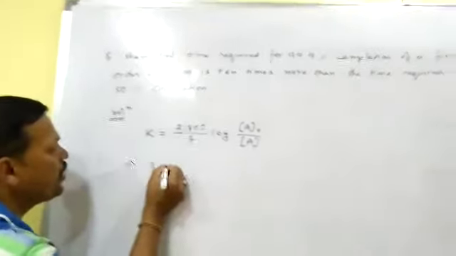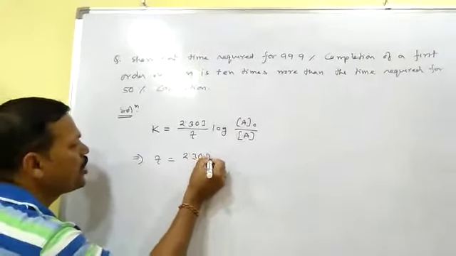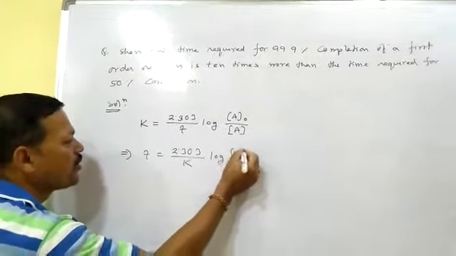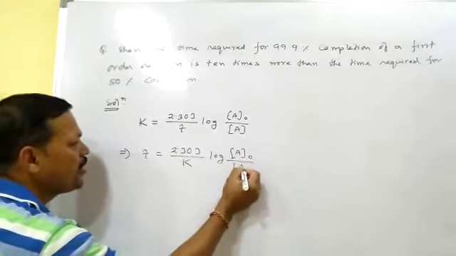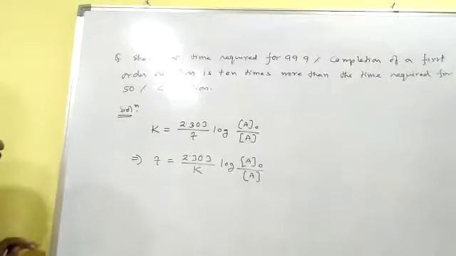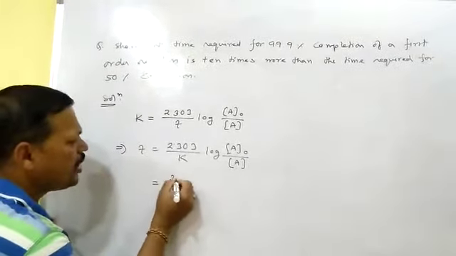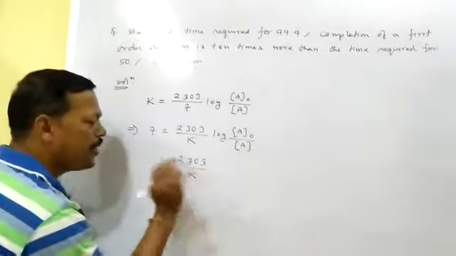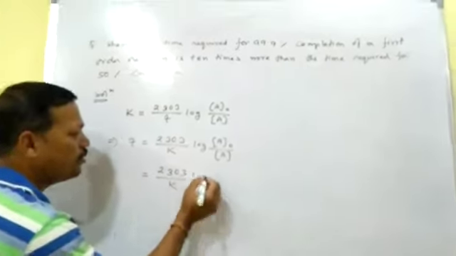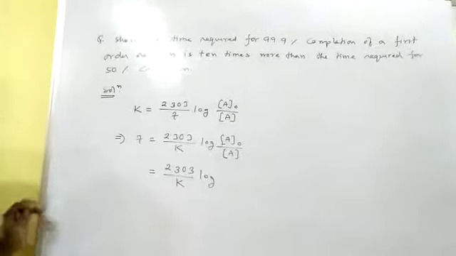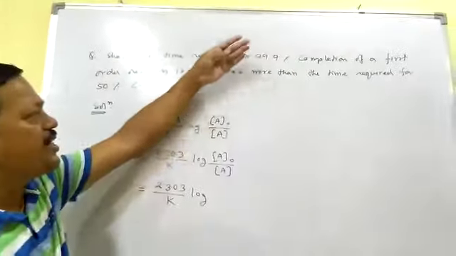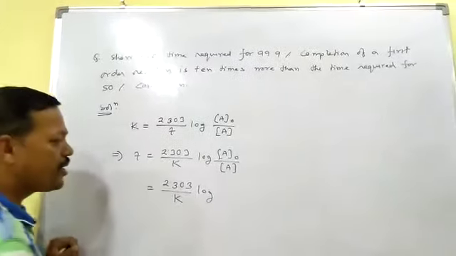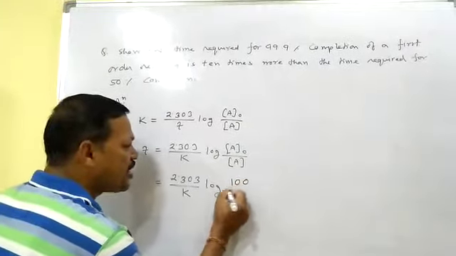Time is equal to 2.303 divided by k, log of initial concentration by present concentration of the reactant. We don't know the k value, so k will remain k. Since it is given in percentage, 99.9%, 50%, the initial will be 100.